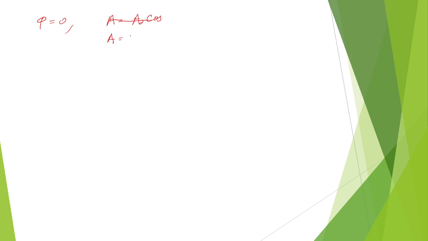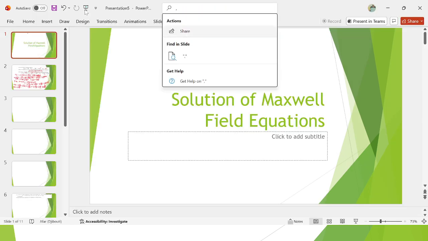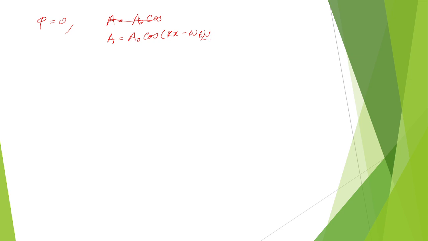A is equal to A naught cos kx minus omega t, and let me take it in the j direction.